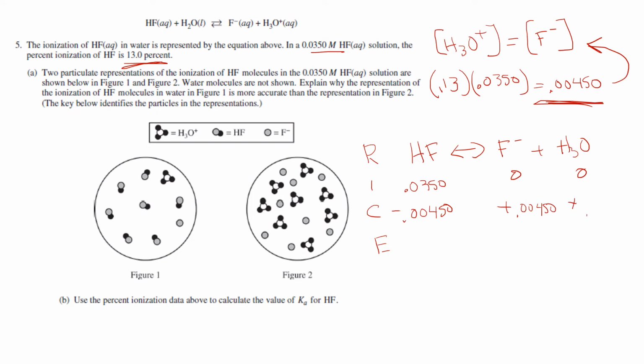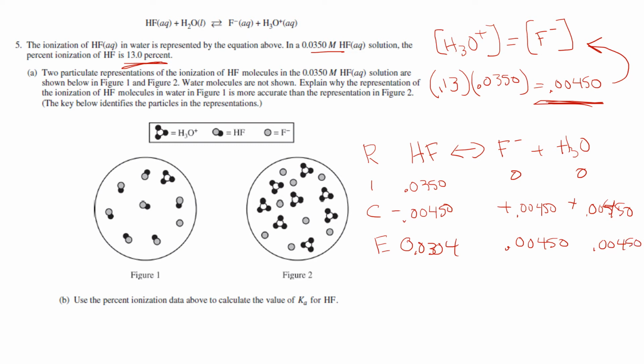They're going to both go up by the same amount. Okay, so my equilibrium concentrations are going to be 0.0304, and then for both of my products 0.00450. Okay, so that's my ICE table.